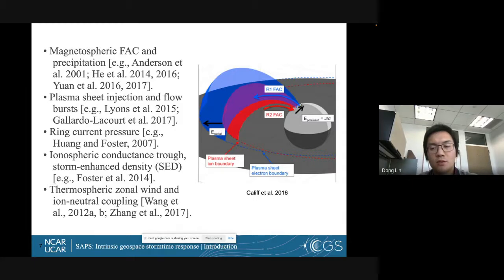It also has to do with the local conductance and plasma flow structures here in the ionosphere. And if we go further down, there have been reports about SAPS effects in the thermosphere winds and so on. So SAPS definitely has a lot of implications for different aspects of the geospace. That's why we would like to have a good understanding of it.